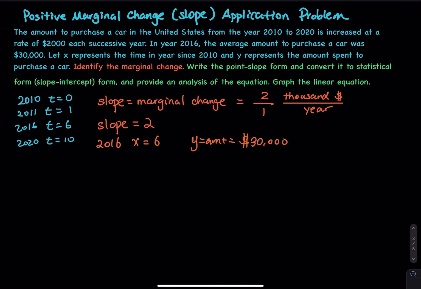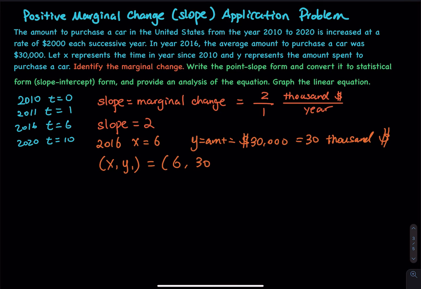Another way to write this is you write 30 and then thousand. This is a very convenient way to take care of the data, because every time you write $30,000, we don't have to write the extra zeros. So that gives me a point (x1, y1), which is x equals 6, y equals 30.